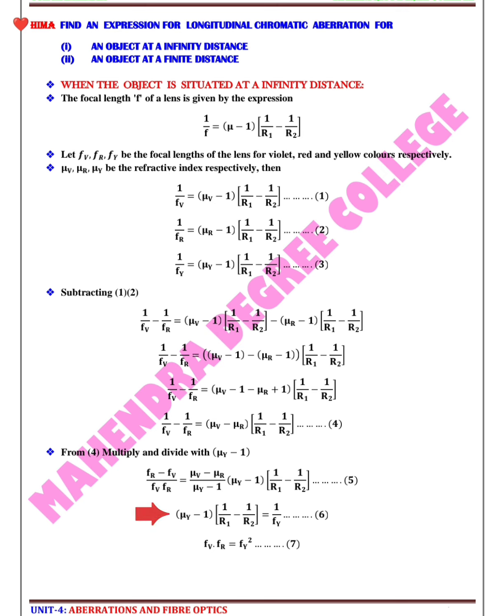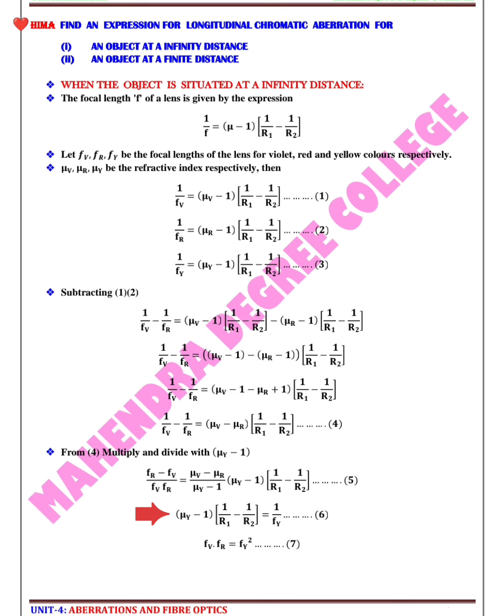Using the lens maker's formula, applying to the yellow color, mu y minus 1 into 1 by R1 minus 1 by R2 equals 1 by Fy.